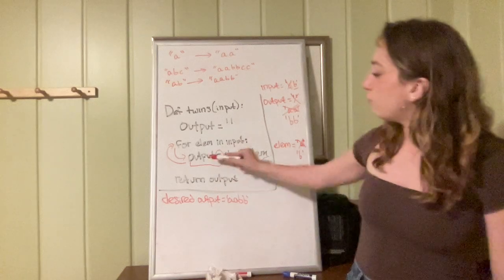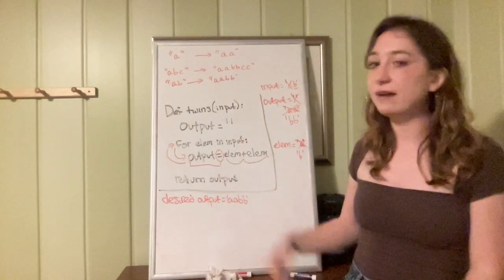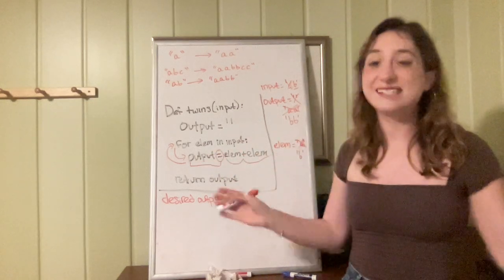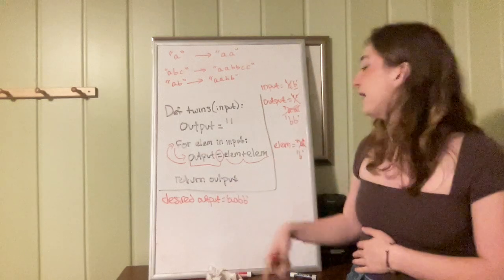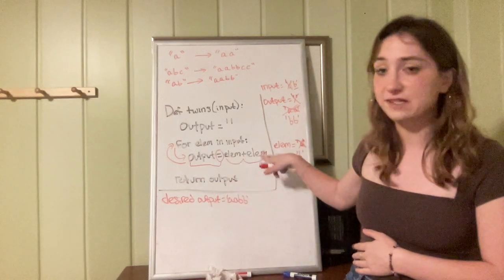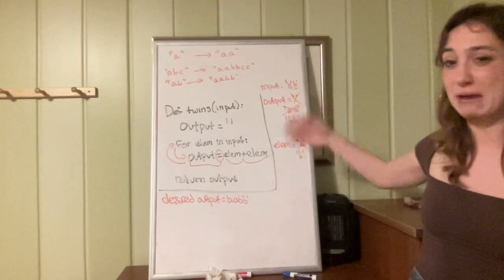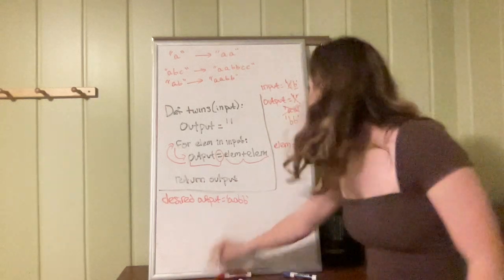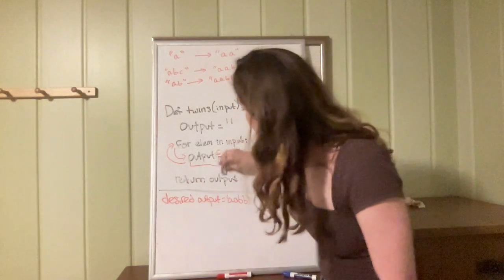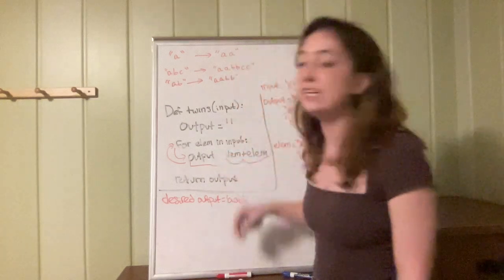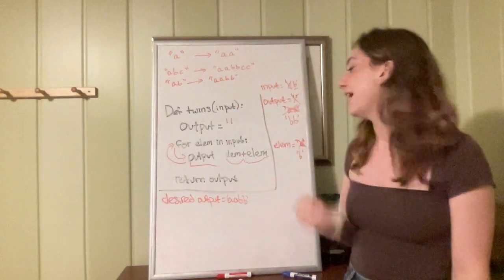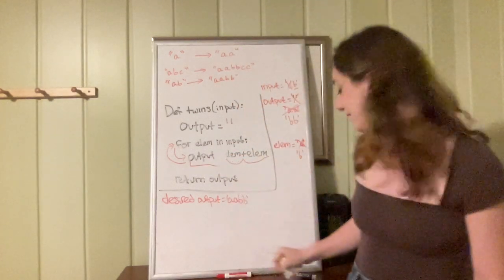Remember, with that output equals, that means whatever output was before does not even matter. We're going to throw it out because now it equals whatever's on the right side of this equation. But that was really problematic because we liked that AA. We wanted that there. So what could we replace this equal sign with so that we actually add on to what output is and not totally replace it?